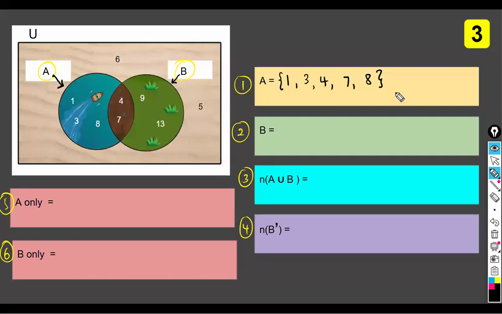I know some of y'all got this wrong. Some of y'all just put 1, 3, and 8. Common trick in the exam. A means the whole A circle because that A is outside the circle. A similar concept holds for B. They just come and say they want to know who is in B. So you go to your diagram. B is outside the circle, so it represents the whole circle.